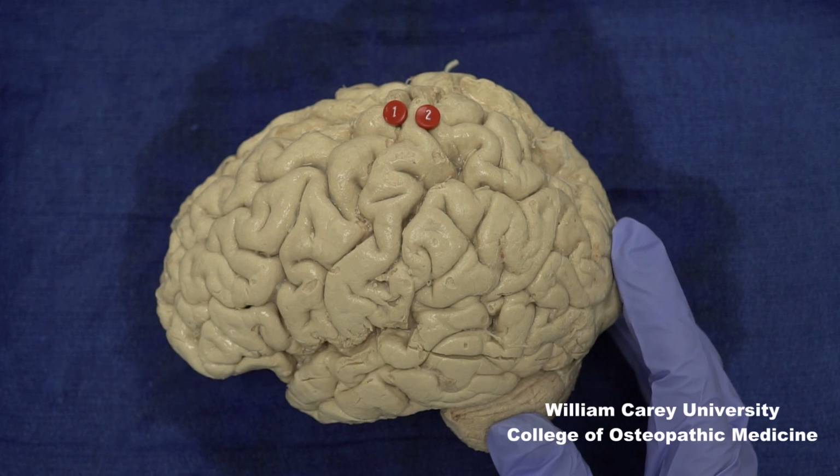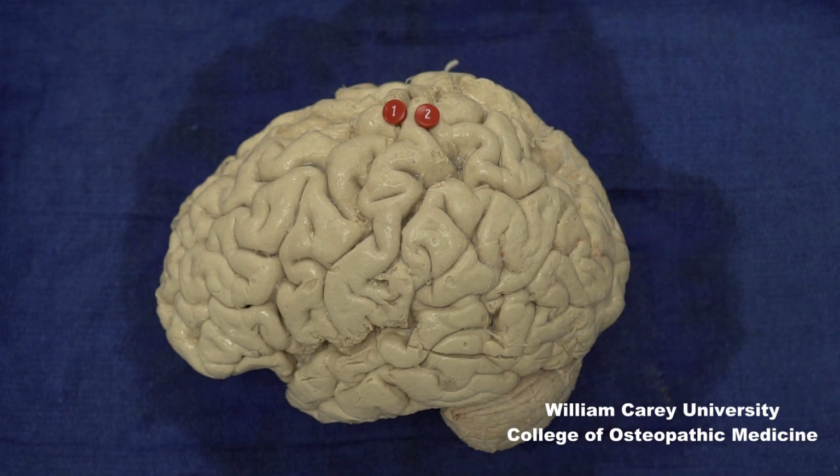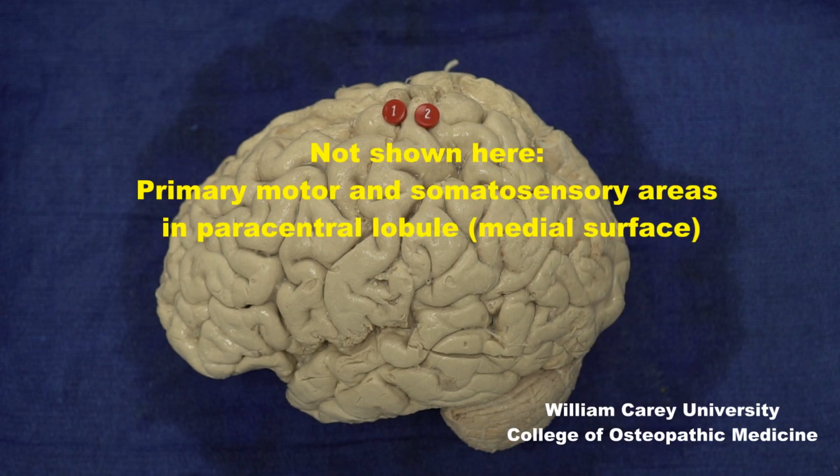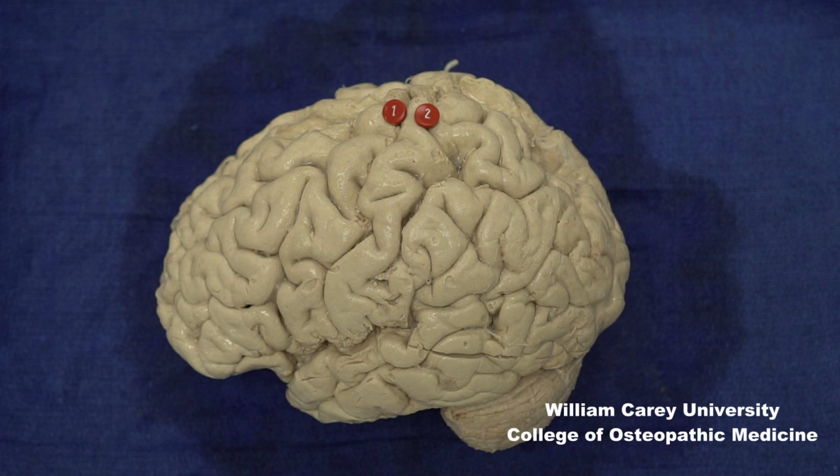Understanding that the primary motor and primary somatosensory cortical areas continue on the medial surface, also in the paracentral lobule. Both of these are somatotopically organized in the homunculi.